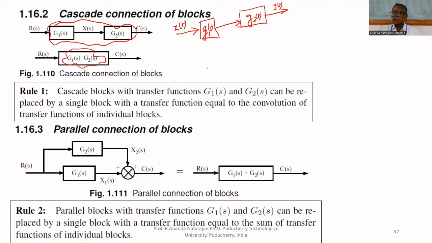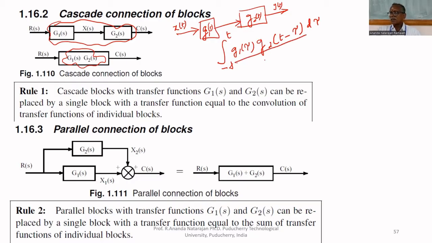Then only you can find y. The convolution is the integral from minus infinity to t of G1 of tau, G2 of t minus tau, d tau. This is in time domain.